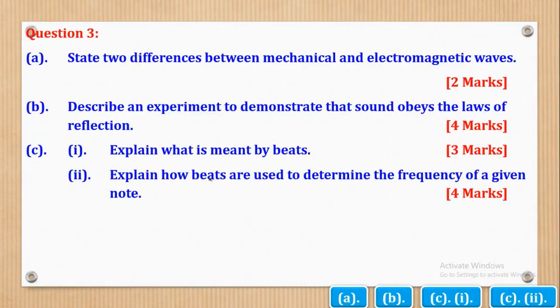So now we shall go to question 3. Question 3 part A says, state two differences between mechanical and electromagnetic waves.